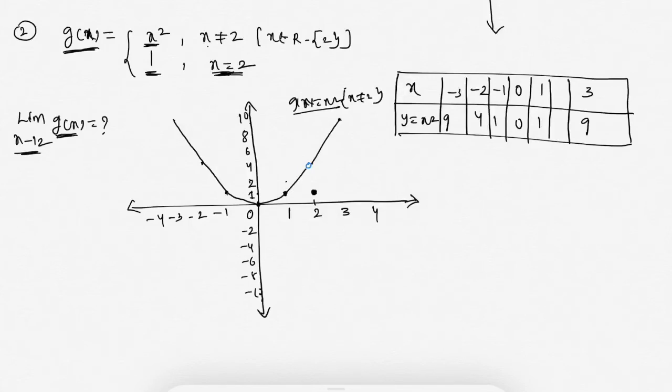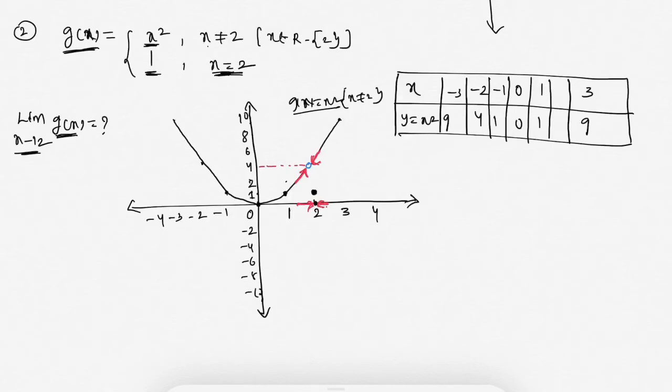As x is approaching 2, g of x is approaching 4. But at x equal to 2, g of x is 1. As x approaches 2, g of x approaches 4, but at x equal to 2, g of x equals 1. So that's what it is saying.